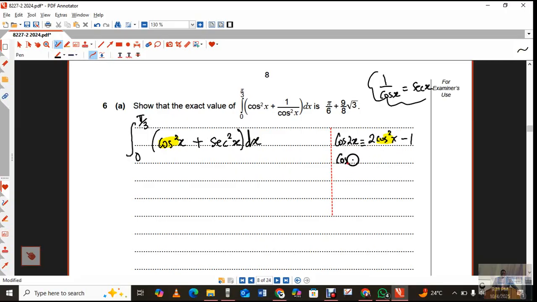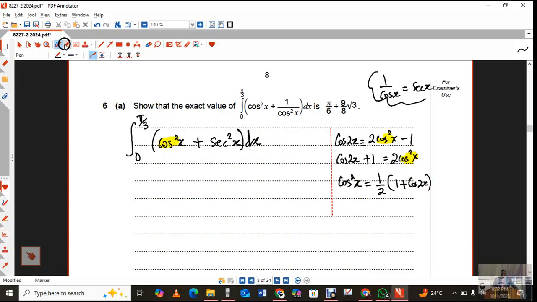When I do that over here, cos 2x plus 1 is going to be equal to 2 cos square x. But I'm looking for cos square x, so I must divide all of that by 2. Dividing by 2, I would just say that cos square x is equal to 1/2 times 1 plus cos 2x.